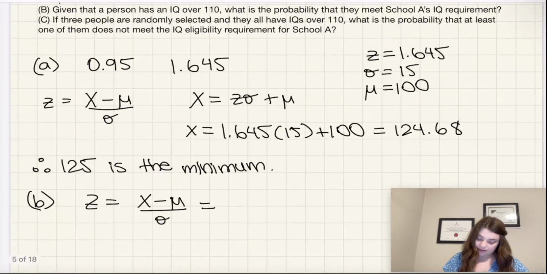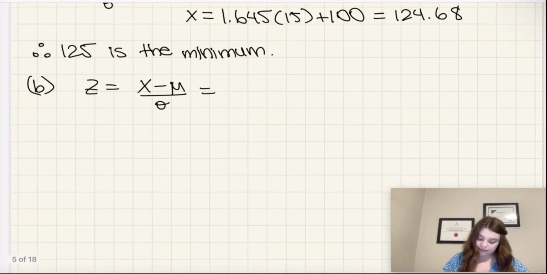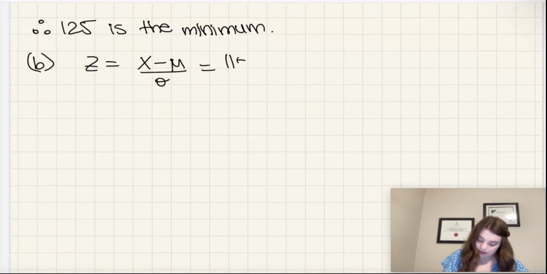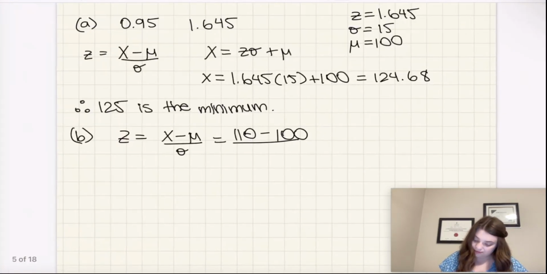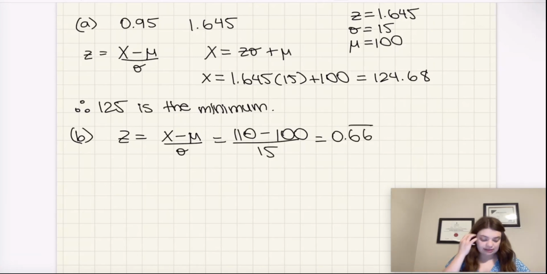They asked, given that someone has a score over 110, so that's what we put in for x. Then minus mu, which was 100, over the standard deviation, which was 15. That's going to be 0.6 repeating, or approximately, rounding to two decimal places, about 0.67.